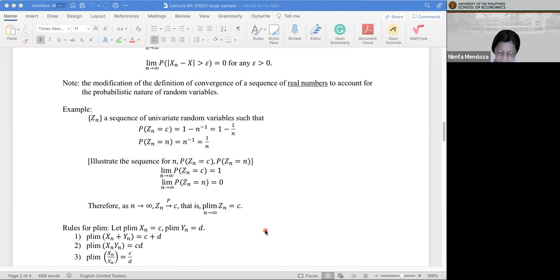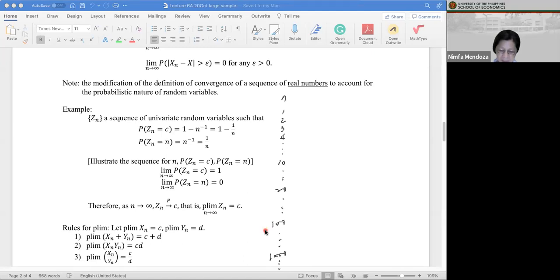So let C sub n be a sequence of univariate random variables. So let us have n equal to 1, 2, 3, 4, and so on to 10, 20, 100, and so on. Let's say even 1,000. So what would be the two possible outcomes?